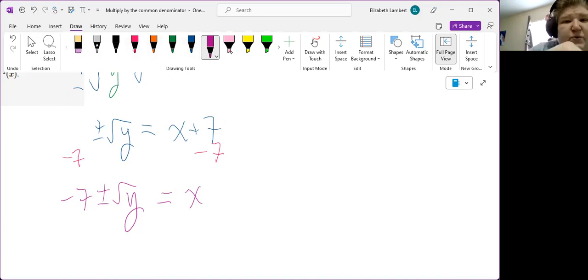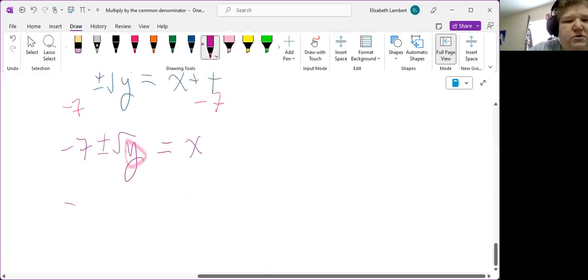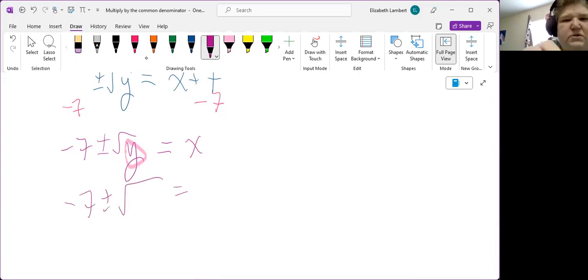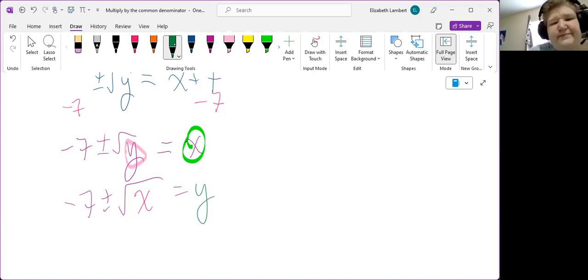All right, so we just need to do our swappy step. So let's recopy our function. -7 plus or minus square root equals. So this y becomes an x, and this x becomes a y.